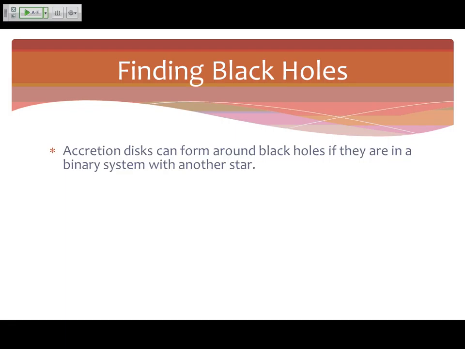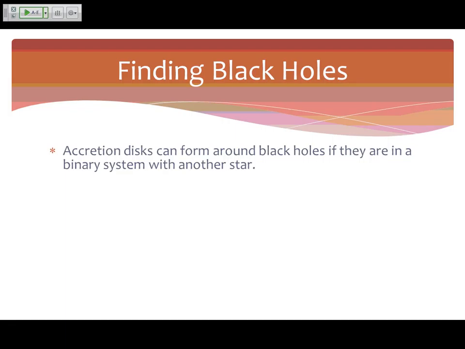So just like the white dwarf red giant binaries, or the neutron star red giant binaries, or any giant star binary with a gravitationally smaller star, it would suck material off the outside of that star. So if a black hole and a red giant or another giant star were in a binary system together, that black hole would suck material off the larger star.